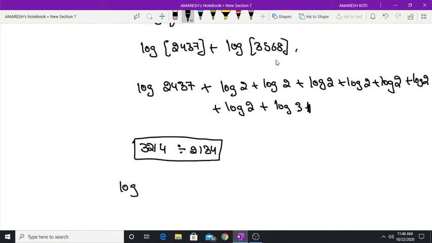Log x by y to the base 10 can be written as log x to the base 10 minus log y to the base 10. Hope you understood this. If they have given multiplication, we have to add. If they have given division, then we have to subtract it. This is another formula.